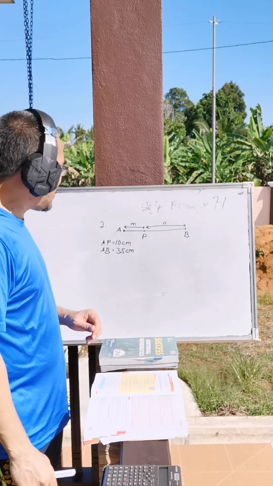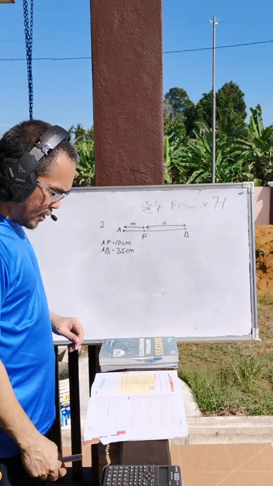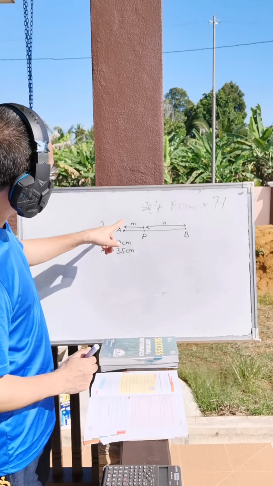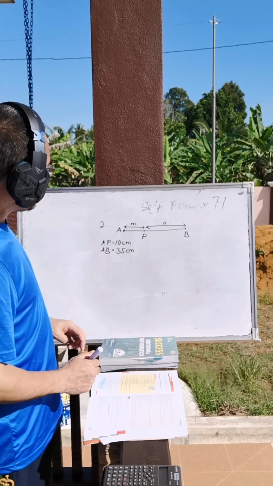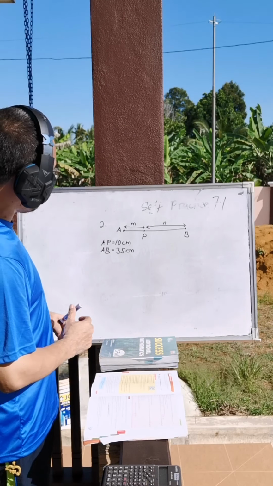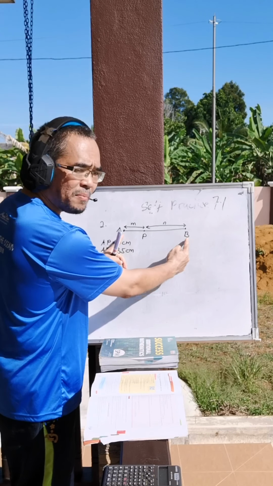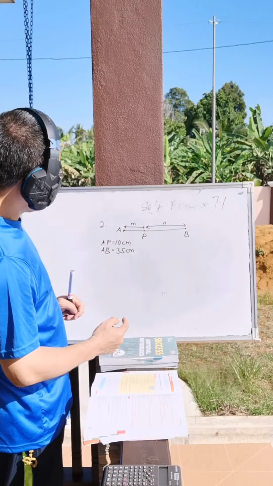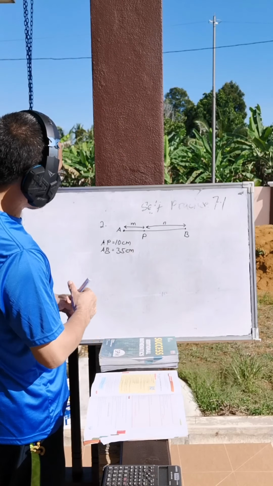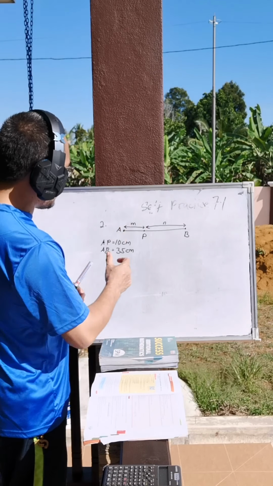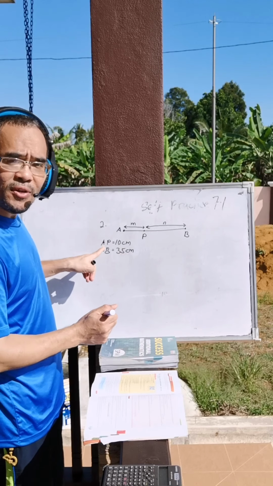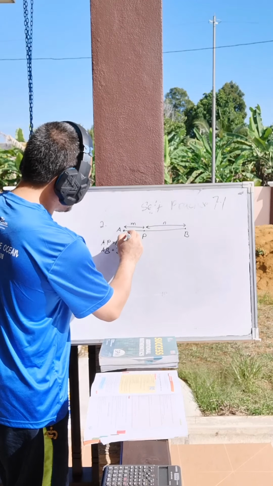So let's concentrate on how to find the values of M and N. What is important to know now is that M and N divide the line segment AB. We need to know the length of AP, which is given already as 10 centimeters.